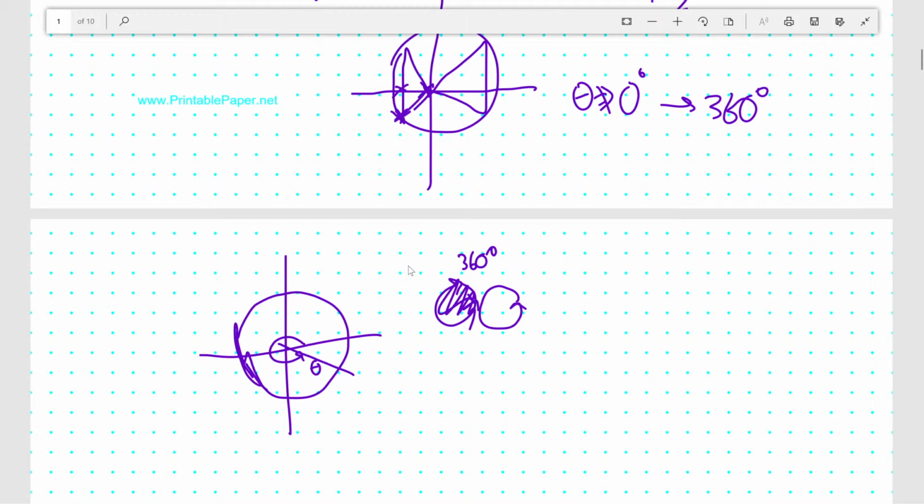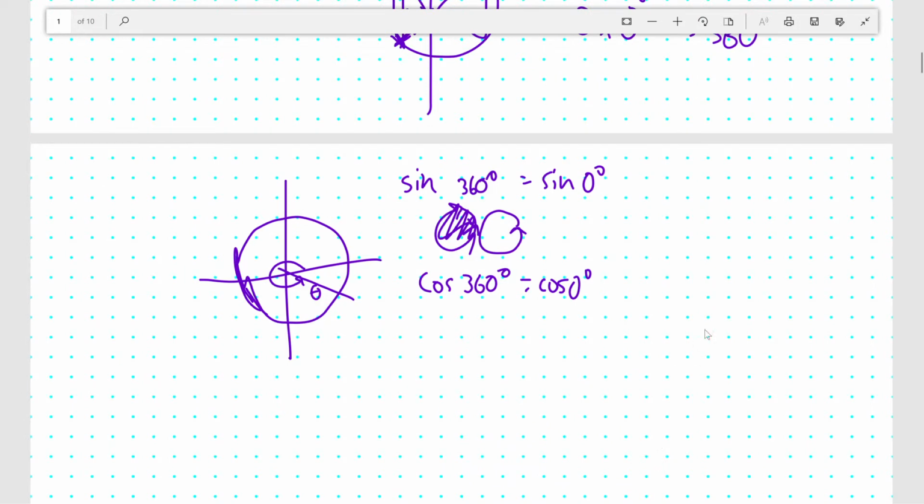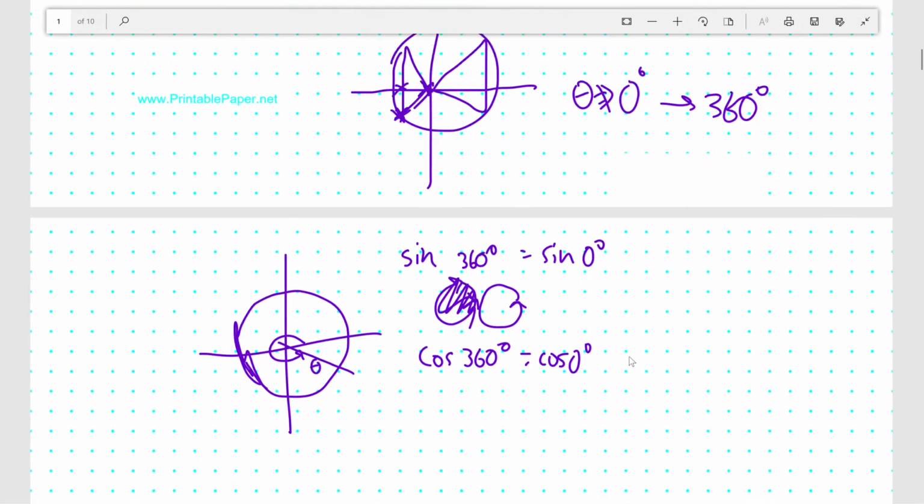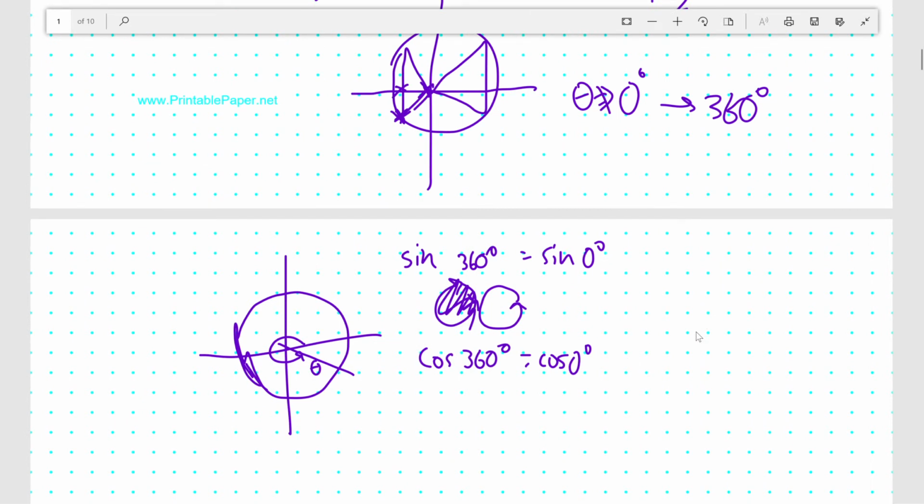So you'll know, for example, that sine 360 is sine 0, or cosine 360 is cosine 0, and so on and so on. These sine and cosine functions repeat every 360 degrees, or every 2 pi radians. And on top of that, if you wanted to, say, have a value of 1080 degrees, that would just be rotating 3 full times around the unit circle.